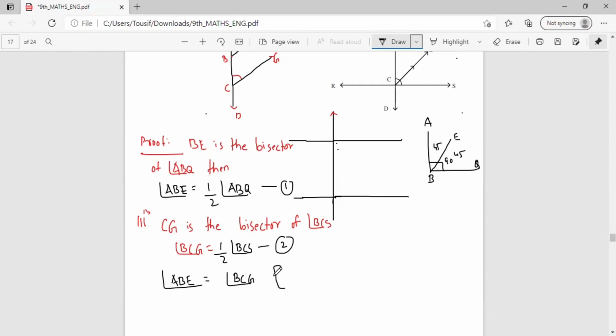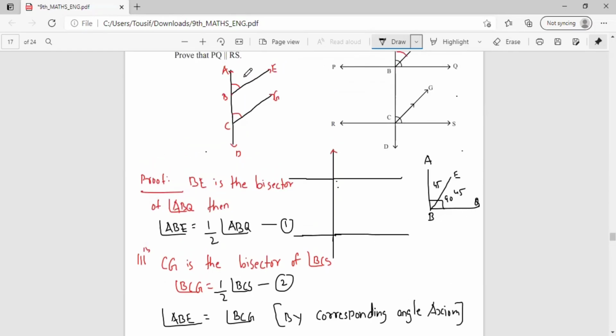The reason is nothing but the corresponding angle axiom.